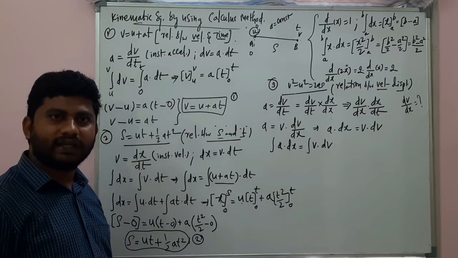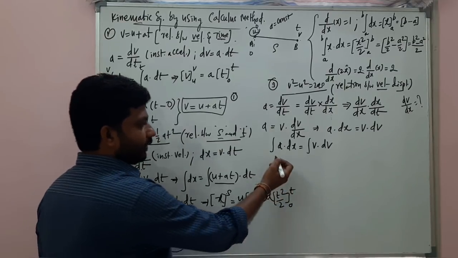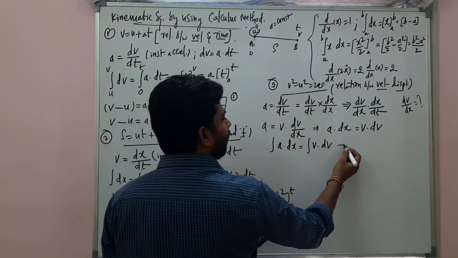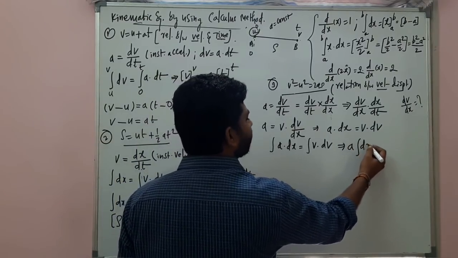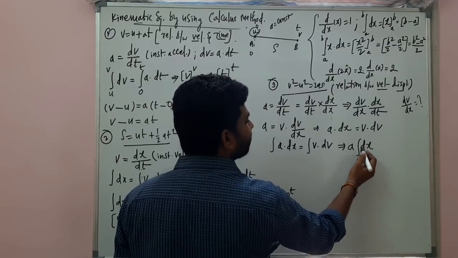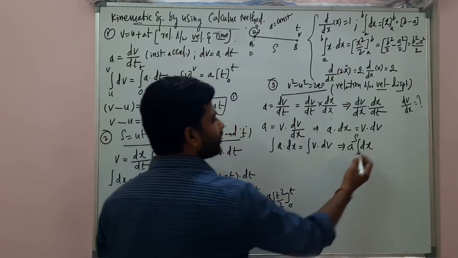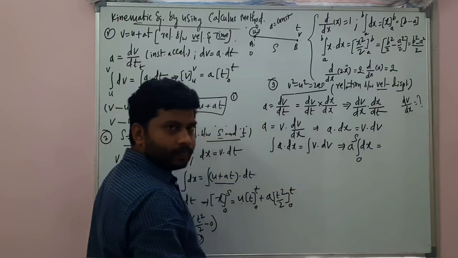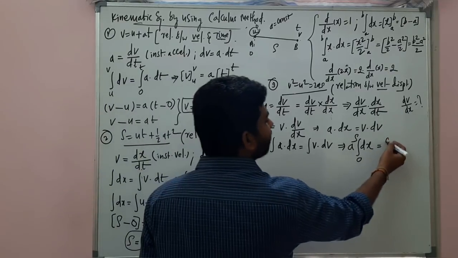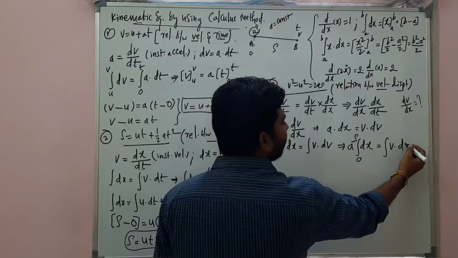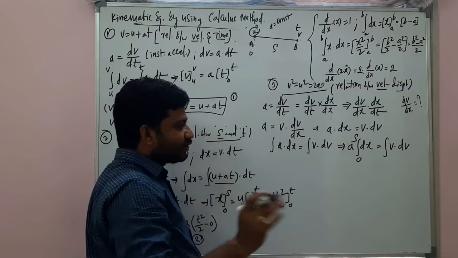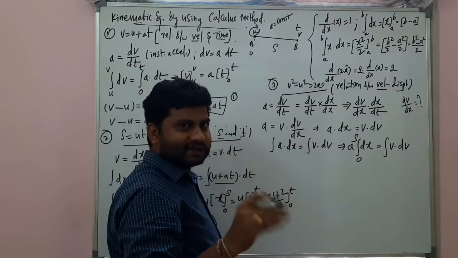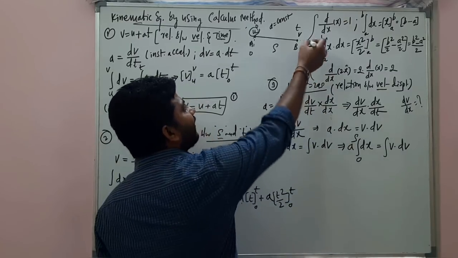Okay, clear? Now, acceleration is constant and it comes out of the integral. Integral dx will have limits 0 to s, which is equal to integral v dv. This v is not constant; it depends on time. Final velocity depends on time, but initial velocity is constant.